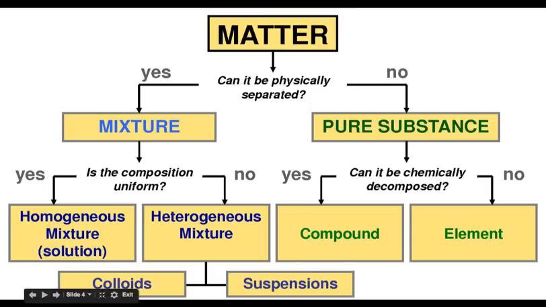And furthermore, if I wanted to divide a pure substance either into an element or a compound, I would have to have it go through a chemical reaction to get it to go through a chemical change and break the compounds into elements.